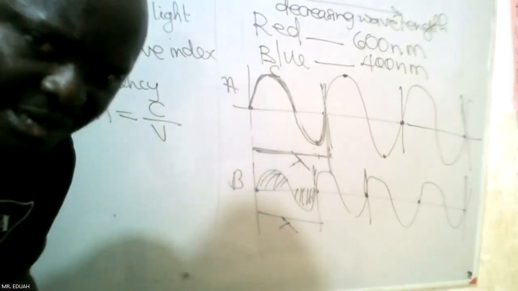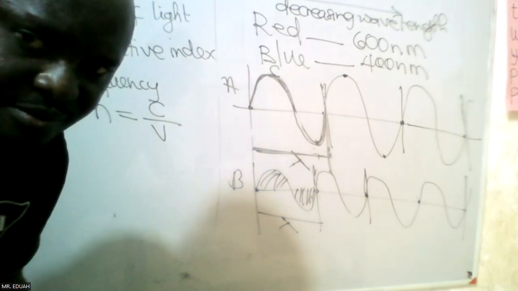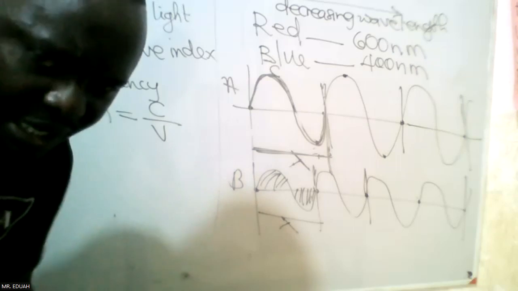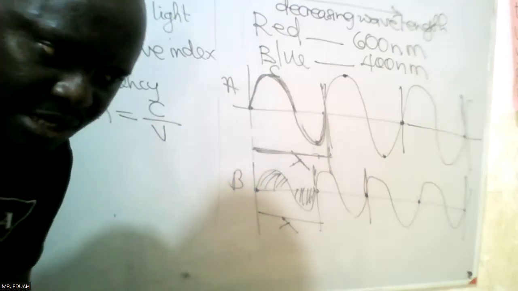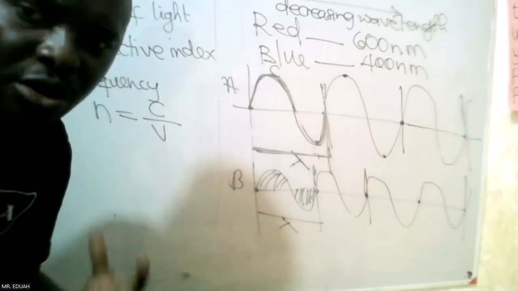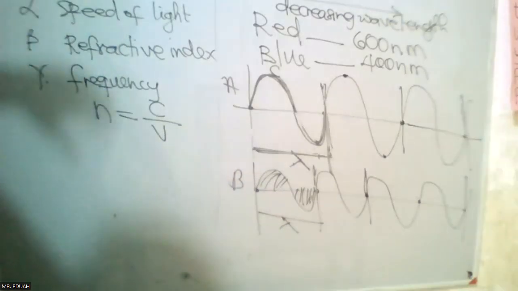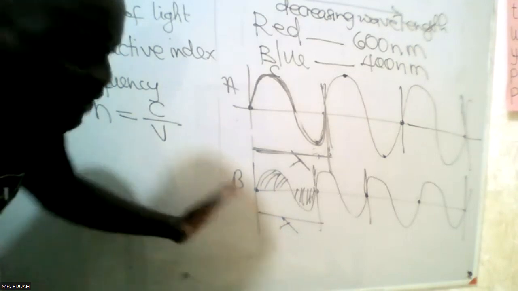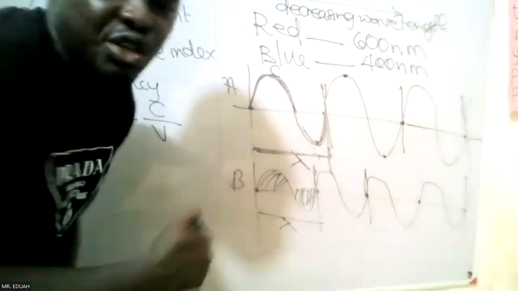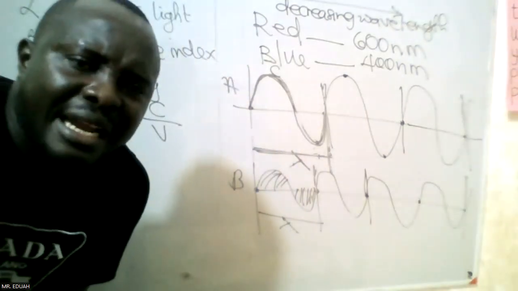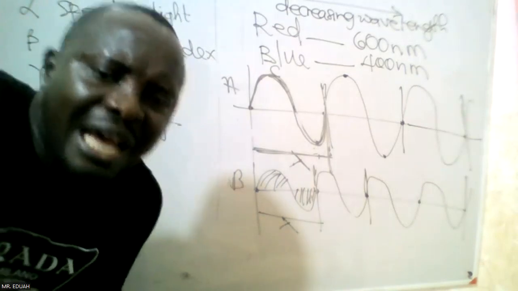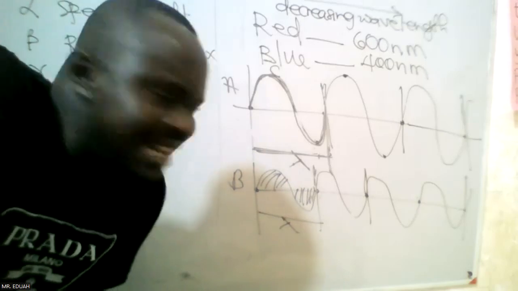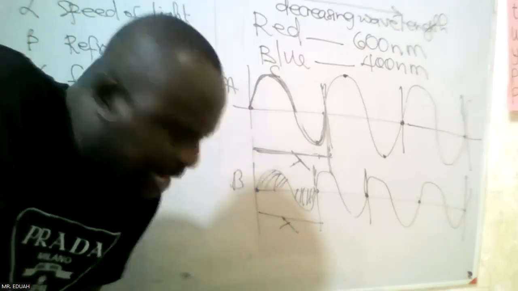Class, are we okay? Yes, sir. Deborah and Co, are you okay? Let me get a response from all of you. Yes, please. If a wave has a shorter wavelength, you can count more complete waves than a wave with a longer wavelength.